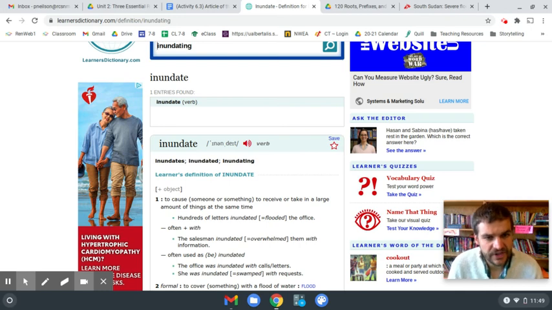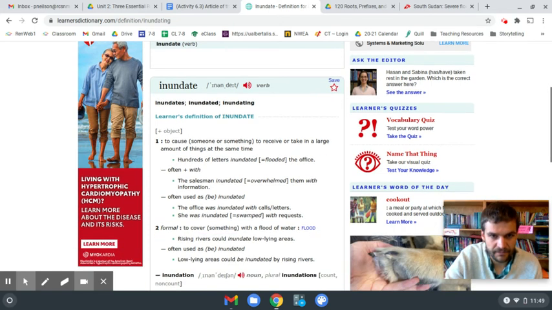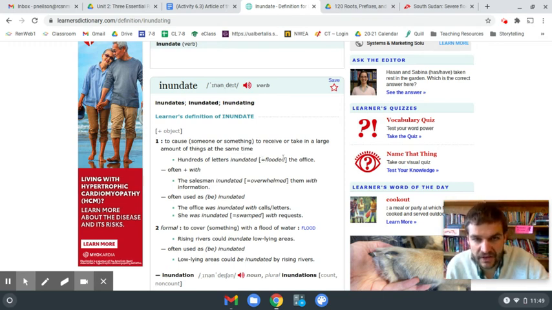Okay, and it says to cause someone or something to receive or take in a large amount of things at the same time. So hundreds of letters inundated the office. And you can see here, it almost means like flooded the office, or the salesman inundated them with information or overwhelmed. So the word inundated can mean flooded or overwhelmed.